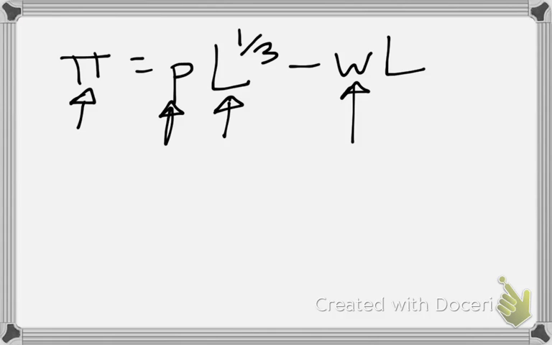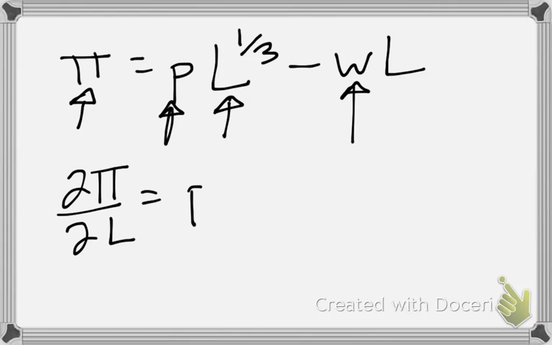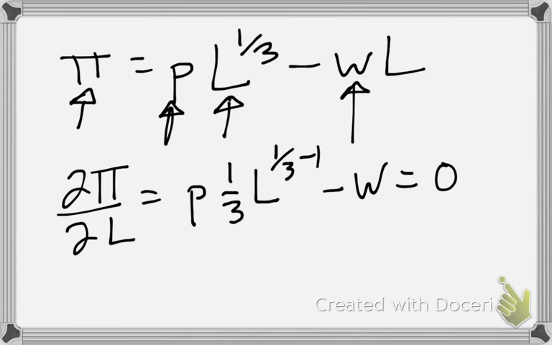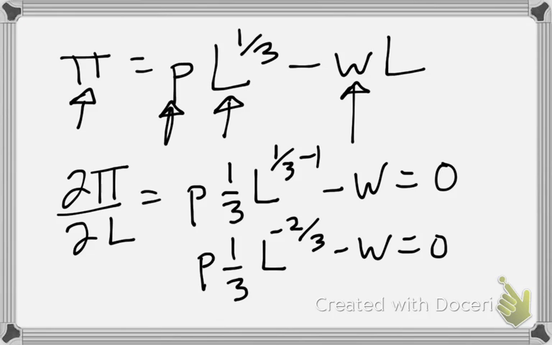Or we can just use calculus and say that the partial derivative of profits with respect to labor is equal to P times 1/3 L to the 1/3 minus 1, minus W, and set that equal to 0, and that then is our equation for the optimal labor demand. We can simplify this. We have P times 1/3 L to the minus 2/3 minus W equals 0. And we can simplify this further.